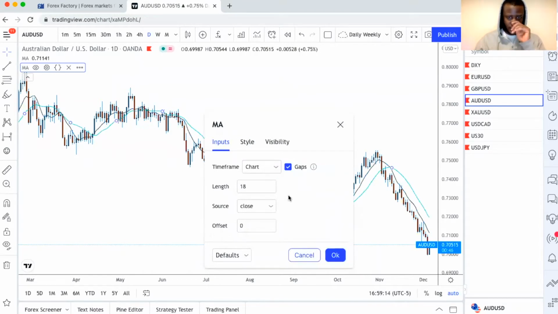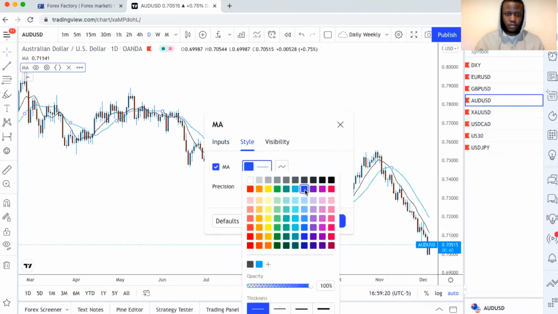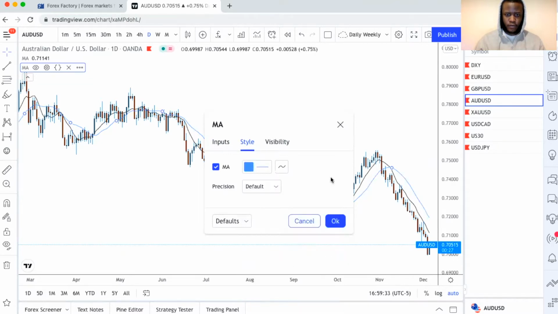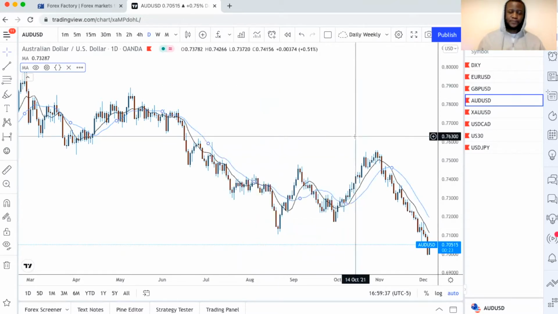So 9 and 18 for the moving averages. And for this one, I'm going to make it blue. Actually, that color is a bit too close to the black. Let me lighten it up a bit. All right, so the moving average is set.